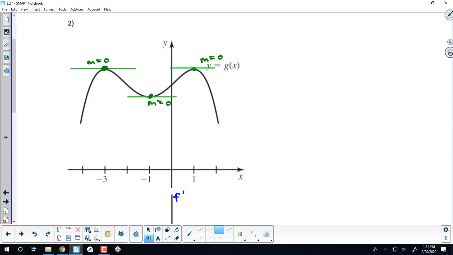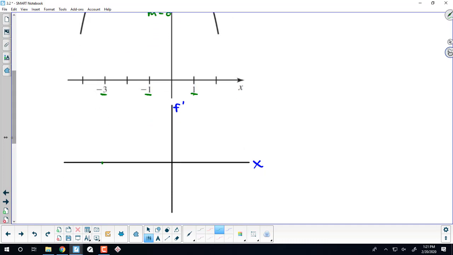Just at these 3 points. So a flat, horizontal tangent line just corresponds to an x-intercept or a zero on the graph of the derivative. So that's here at -3, this one's here at -1, and this one's here at +1.